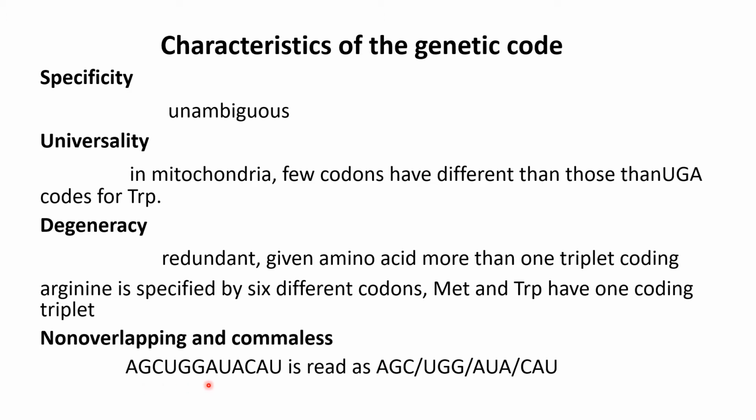If we read in the 5' to 3' direction, then AGC is the first codon, UGG is the second codon, similarly AUA is the third, and CAU is the fourth codon. There is no punctuation, no commas, no full stop in the genetic code. It is always written in this form.